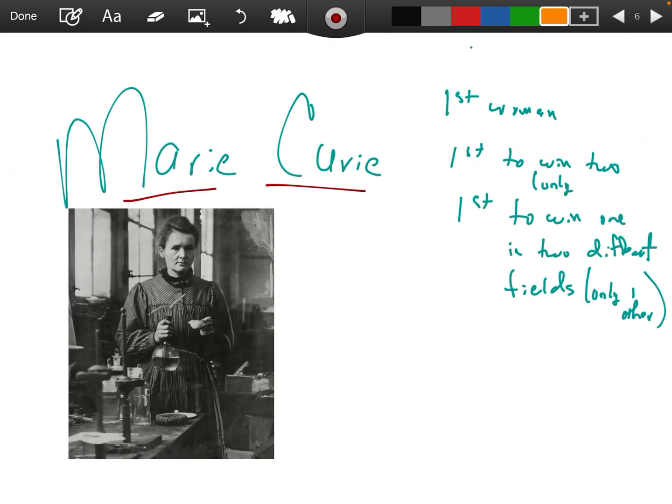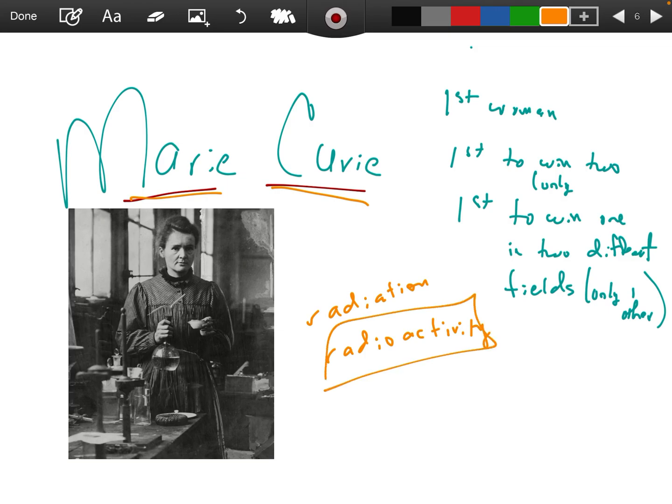A very interesting person, Marie Curie. She's the scientist whose picture's on my wall. She did a lot of work with radiation early on, didn't discover it, but helped discover the fact that a lot of atoms are radioactive and they actively give off particles. And she was married to another famous scientist.